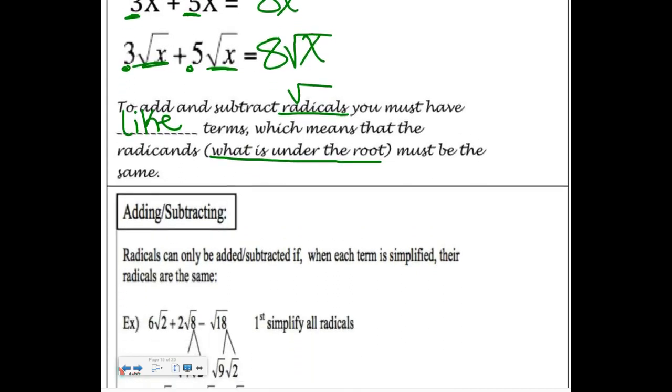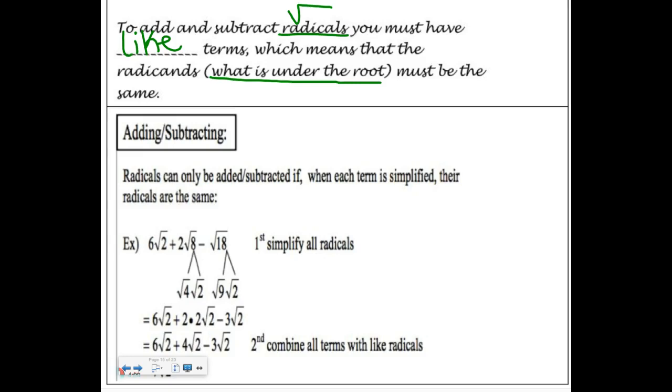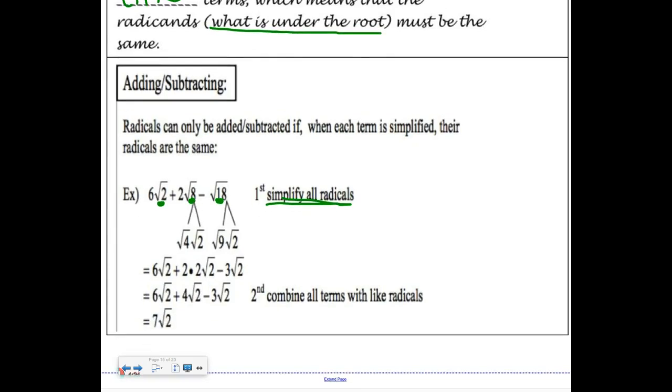If we look here, I have a problem worked out for us. If I start here, I see that all of my stuff inside the square root is not the same. So then we're going to bring back something we've done before: simplifying radicals. Reminder, that's when we split it between a perfect square and a non-perfect square. And we're going to do that until our numbers are the same. And then we're able to combine like terms.